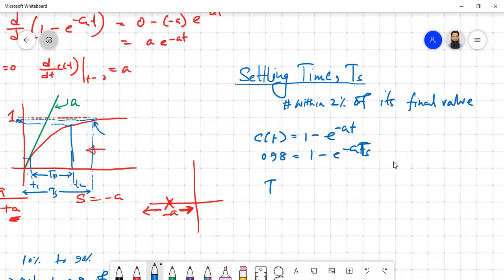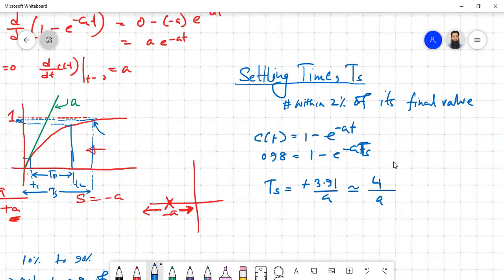Similarly, TS can also be figured out using the same formula that we used to figure out the rise time. So ultimately, it will be approximately 3.91 by a, or for simplicity of remembrance, they use 4 by a.